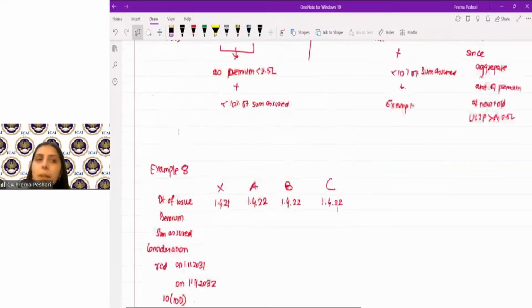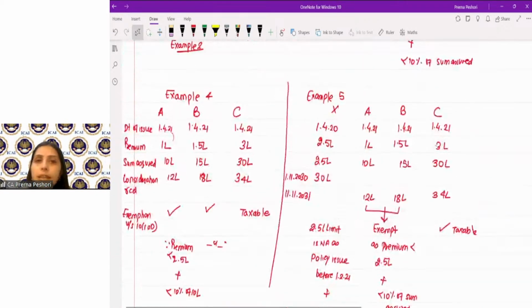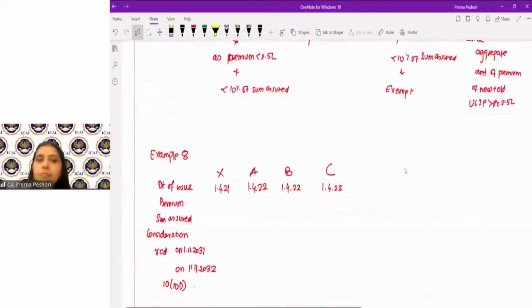Now, how is this example 8 different from example 5? Let's try and understand, okay?